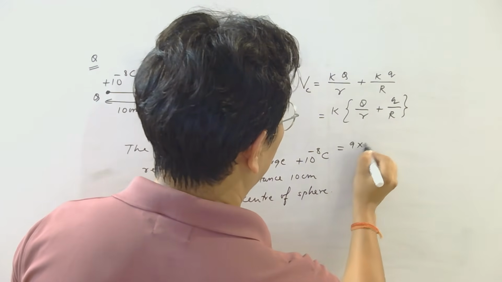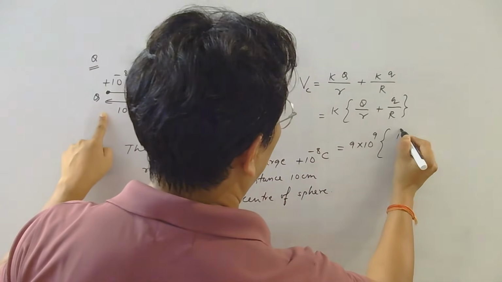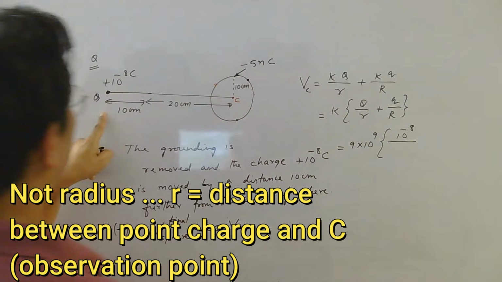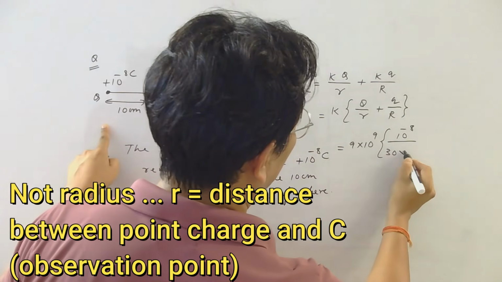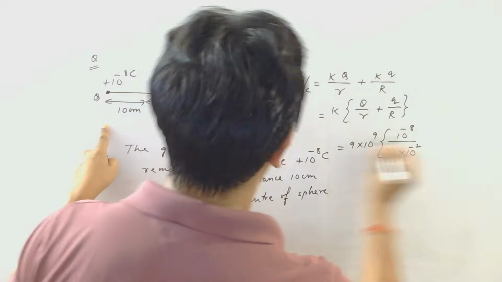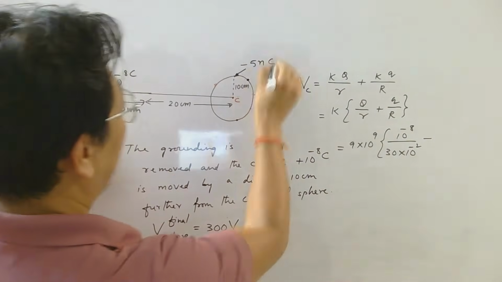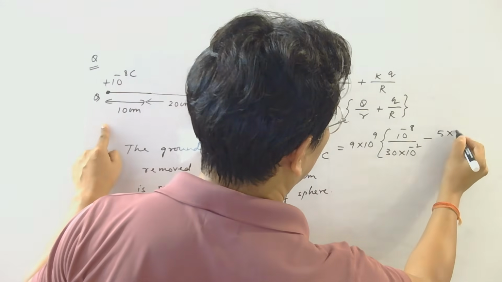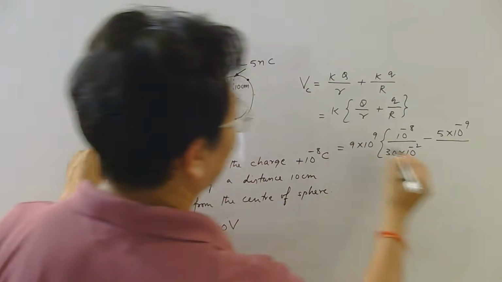This is 9 into 10 power 9. Capital Q is 10 power minus 8. Radius is 30 centimeter. So 30 into 10 power minus 2 meter. The charge on this sphere is minus, so we have to write minus 5 nanocoulomb. 5 into 10 power minus 9 divided by the radius of this is 10 centimeter.